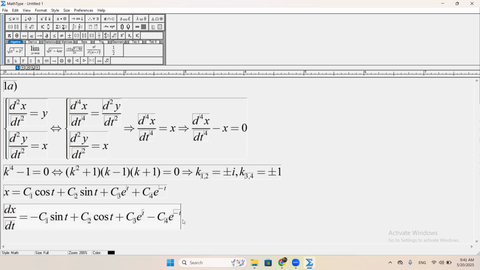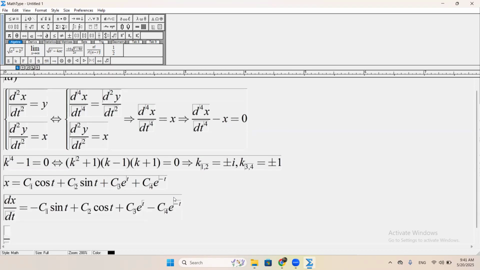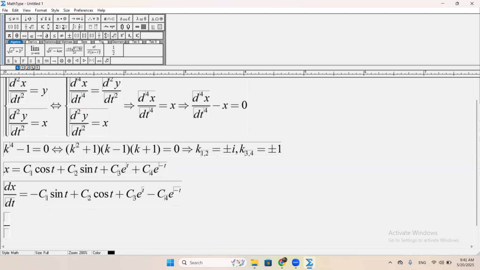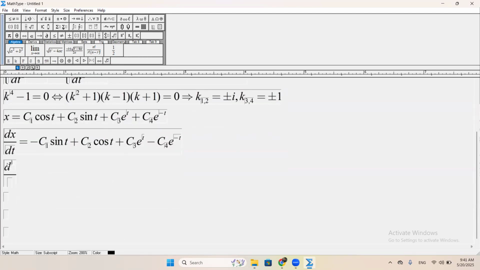So finding the second derivative, the following expression: minus c1 cosine of t minus c2 sine of t plus c3 e in power of t and plus c4 e in power of minus t.